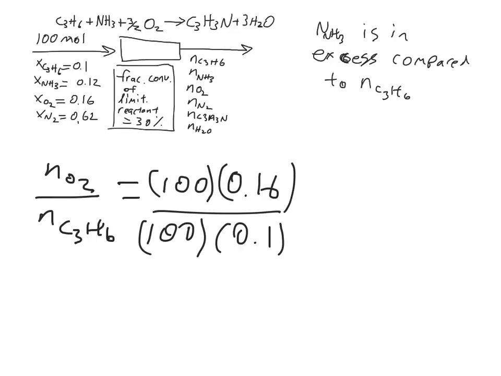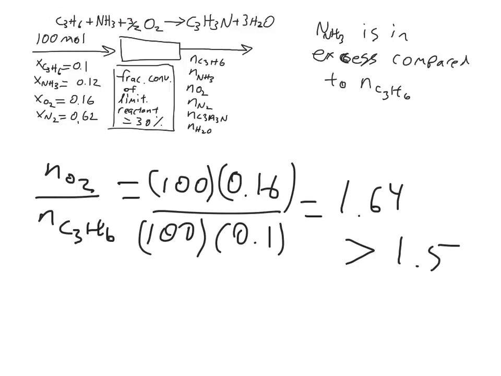Again, those are just the moles, the mole fractions multiplied by the total, and that is equal to 1.64, which is greater than the stoichiometric ratio of 1.5. I got the 1.5 simply by taking 3/2 divided by 1.